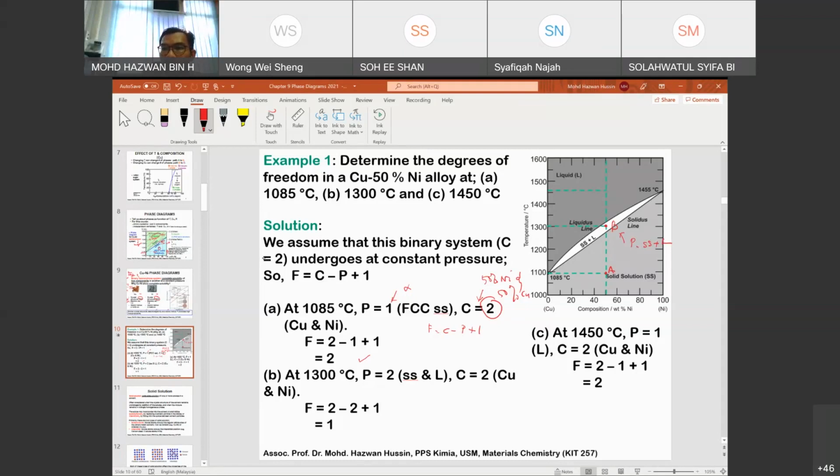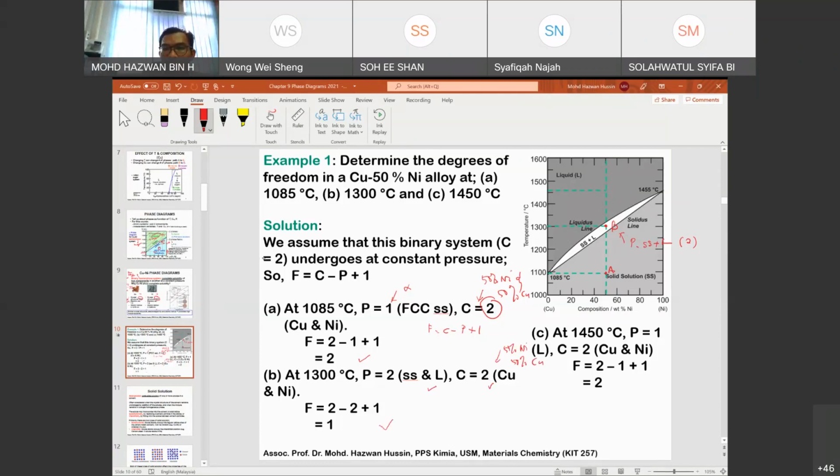So definitely for the phase, you know that it has 2 because it is a mixture. You have liquid and also solid at the same time. Composition is still the same because it is at 50% of nickel, so still 2, because still 50% of nickel and 50% of copper. Then you can calculate degree of freedom, 2 minus 2 plus 1, so equal to 1.